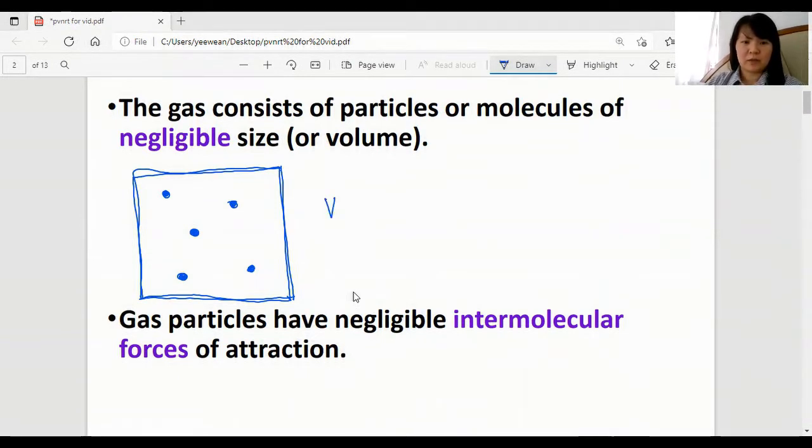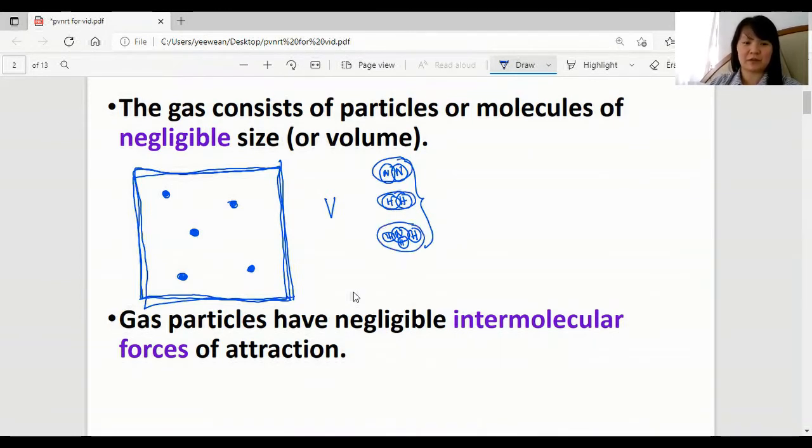That would also mean we neglect the fact that N2 has a different size from H2, and they have different sizes from NH3. So no matter what gas we have, they're supposed to occupy the same volume here, because we ignore the size of the molecules. In the real world, some are bigger and some are smaller.